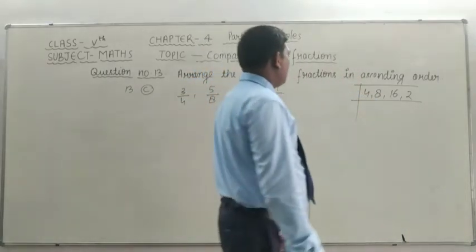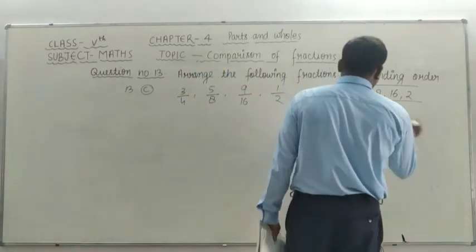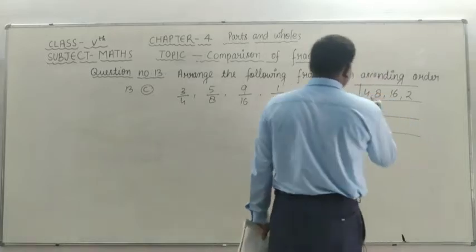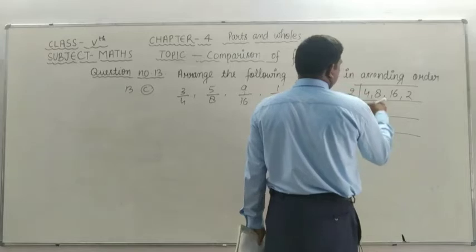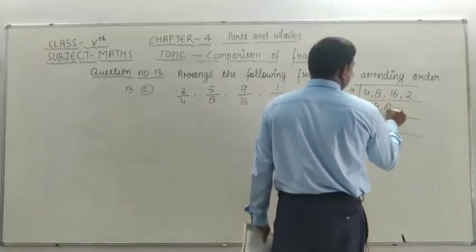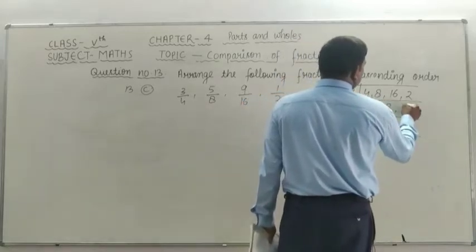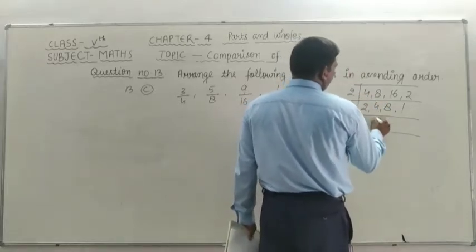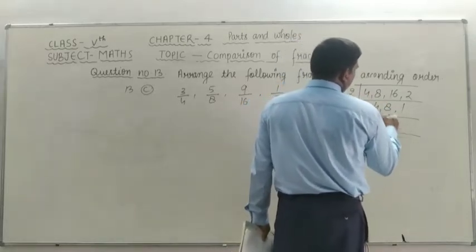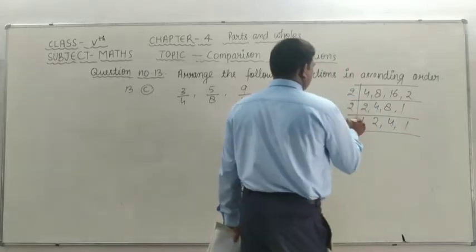Okay, here we use the prime factorization method. Look here carefully. Here we take 2: 2 twos are 4, 2 fours are 8, 2 eights are 16 and 2 ones are 2. Again 2 ones are 2, 2 twos are 4, 2 fours are 8 and 2 ones are 2.